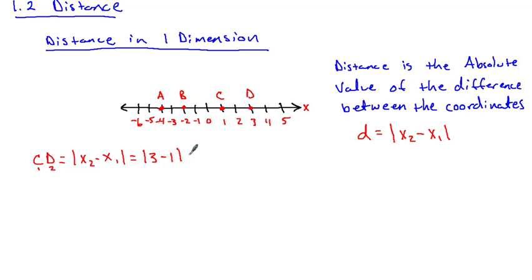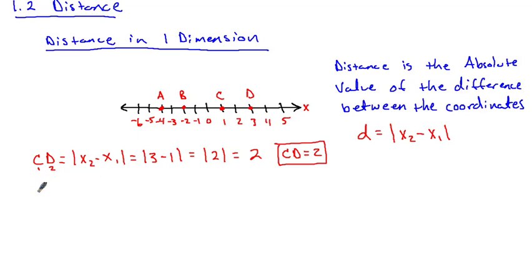So 3 minus 1 equals the absolute value of 2, which is 2. So CD equals 2.